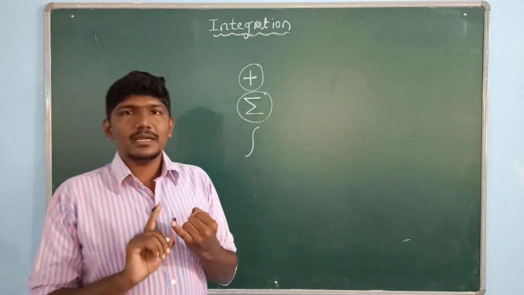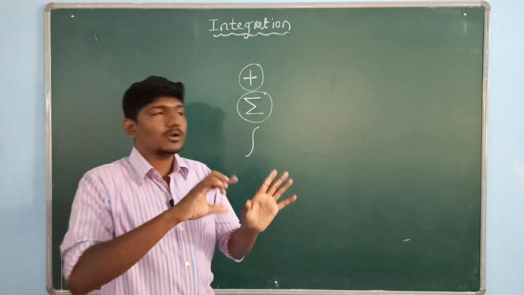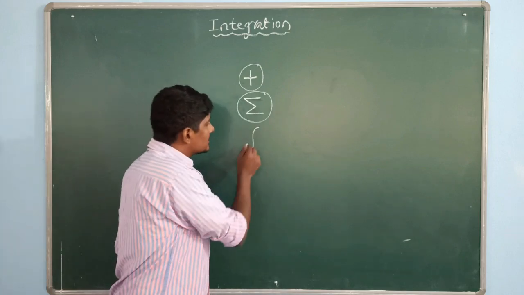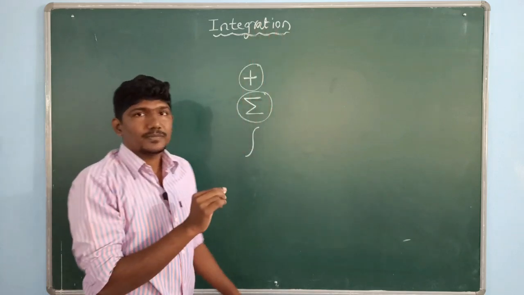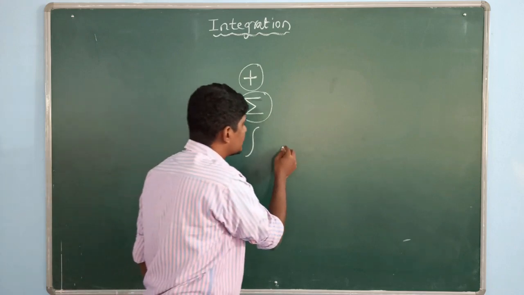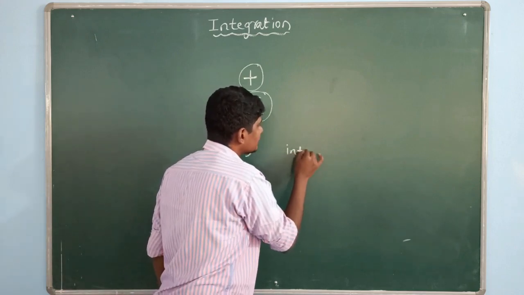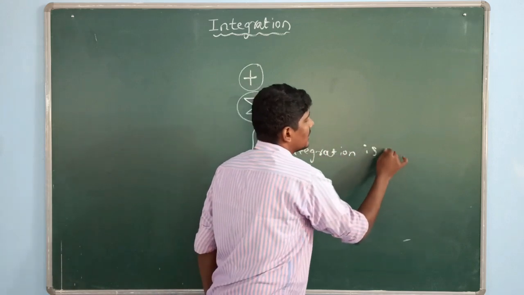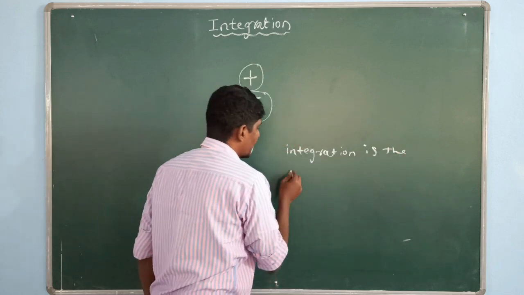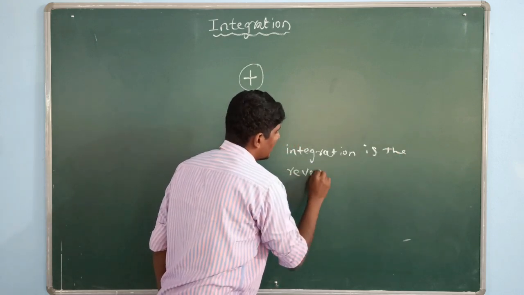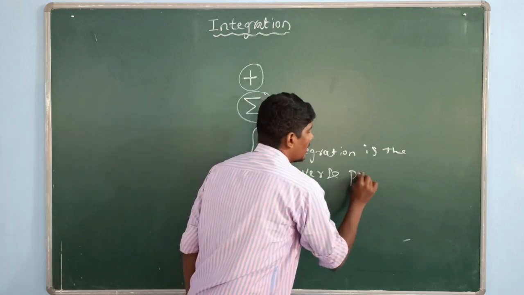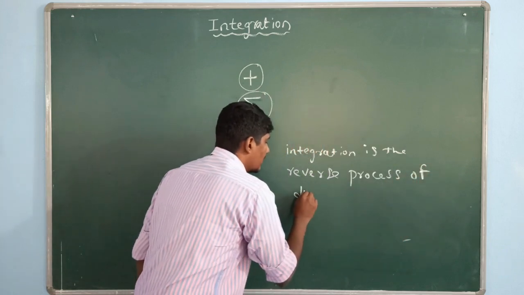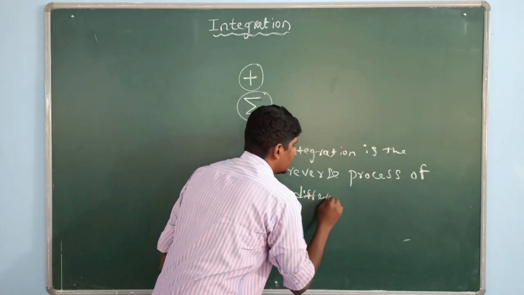Now see, whenever we say integration, there is a definition, because we have already studied differentiation, no? So now we will try to link differentiation with integration. How to do that? The general definition, we always write this: integration is the reverse process of differentiation.